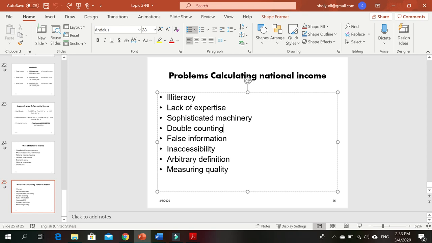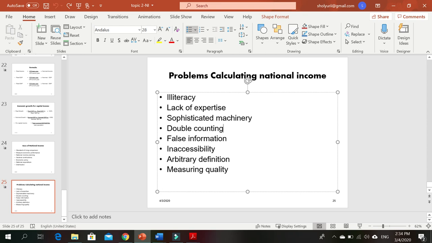False information. Some people, some company, they hired accountant to alter the accounting statement, accounting record of a company, so that dia tak portray the accurate amount of their income to avoid paying higher tax.